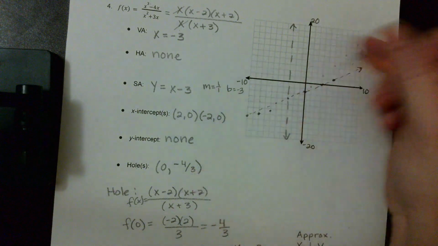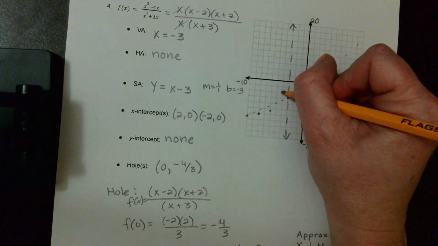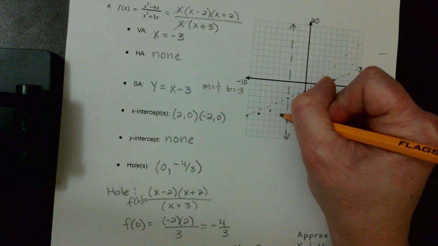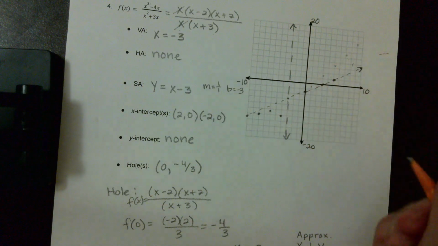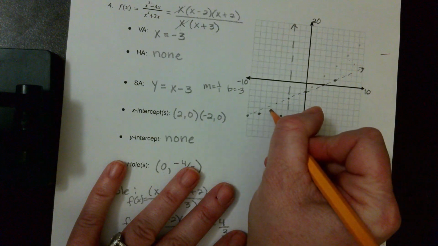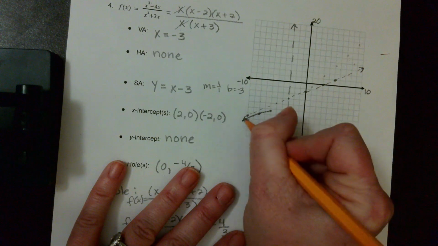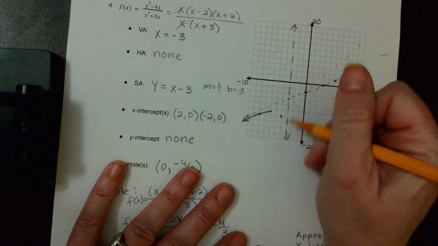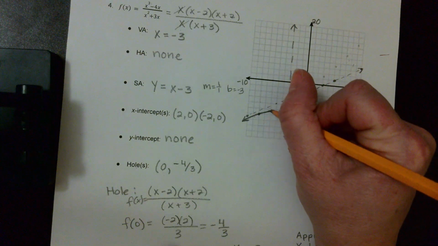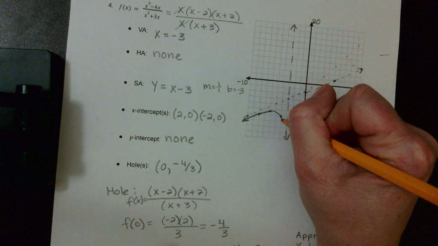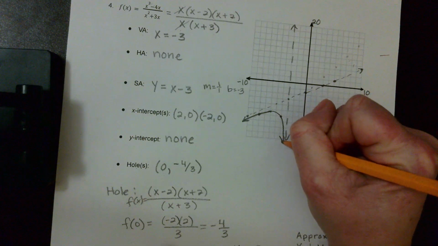At -4, I'm at -12. Okay, so I know slant asymptote means as I go to infinity, I approach that slant asymptote, and I can see that this is moving. So on the vertical asymptote, it would be going down.